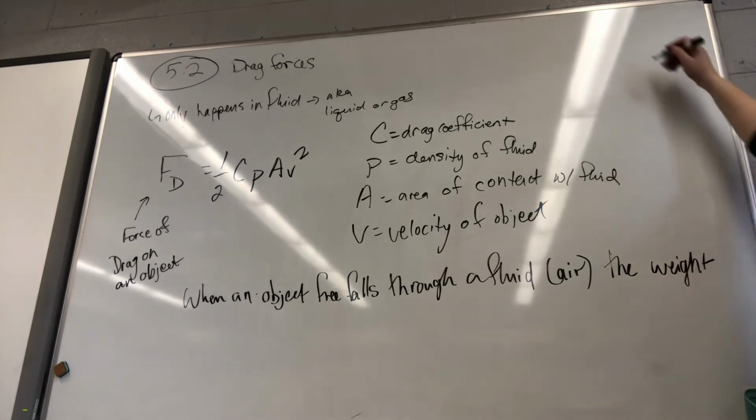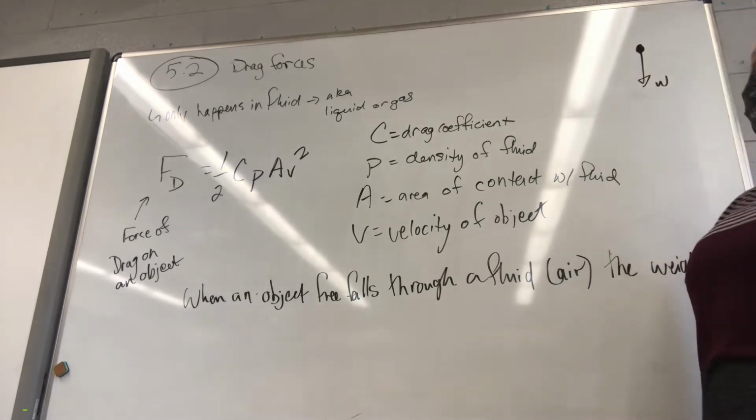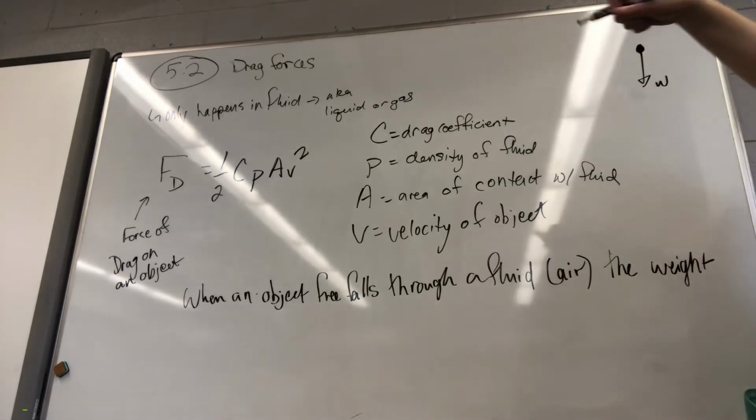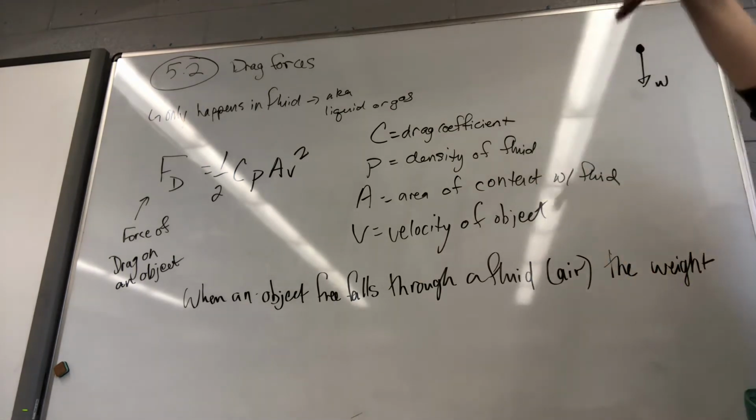So when you drop an object from wherever, the only thing pulling it is the weight force back to the ground. That's mass times gravity.